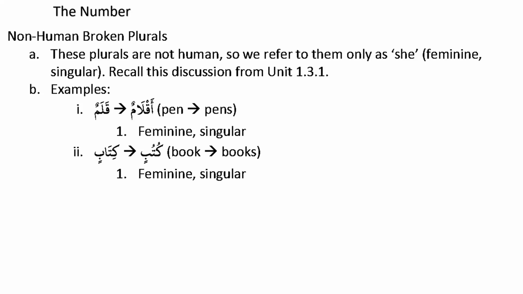If it is a human broken plural, like rusul, or alim, scholar, alimun, then both can be used, and both have been used in the Quran by Allah subhanahu wa ta'ala. Meaning, if Allah is talking about rusul, a lot of messengers, sometimes he uses they as normal plural, one, two, three, and they are masculine.